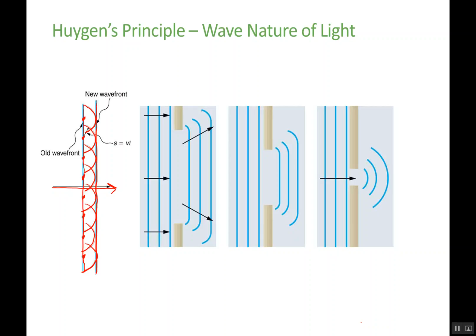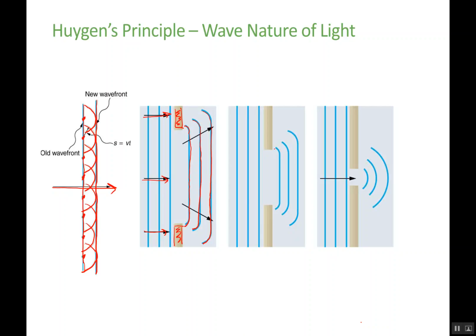The reason this is important is we can think about what happens, like in this picture, when wavefronts come in to a place where there's an aperture, where part of the wave will be blocked by some sort of screen. The wavefront gets truncated, and the points at the edges of this truncated wavefront, according to Huygens' principle, spread out and fill in the space behind the obstruction, behind the aperture.